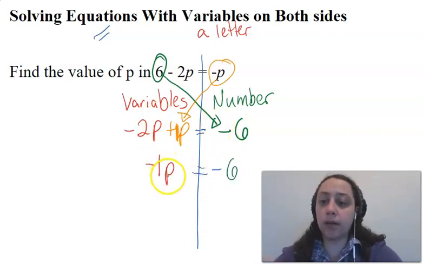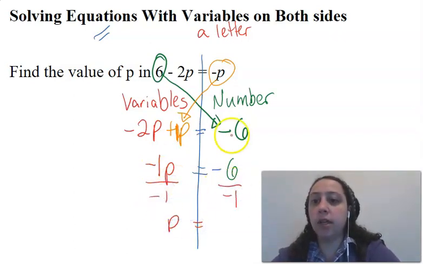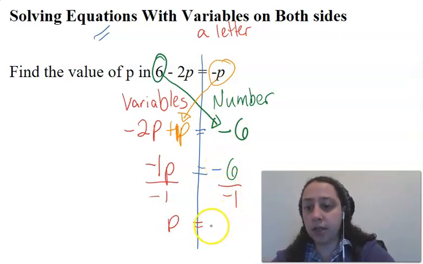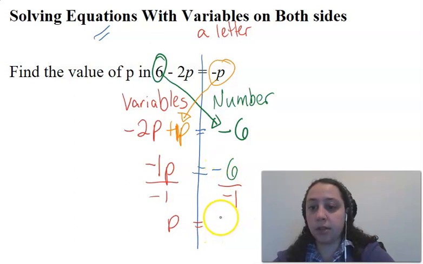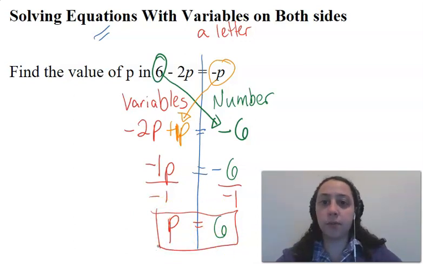Now our p is not alone, it still has negative 1. So we need to divide negative 1 on both sides. And we get p equals negative 6 divided by negative 1. Negative divided by negative is positive, and 6 divided by 1 is 6. So we get p equals 6 as our answer.